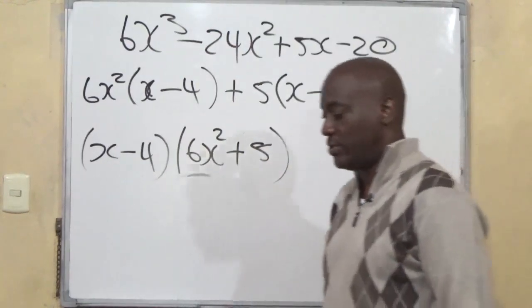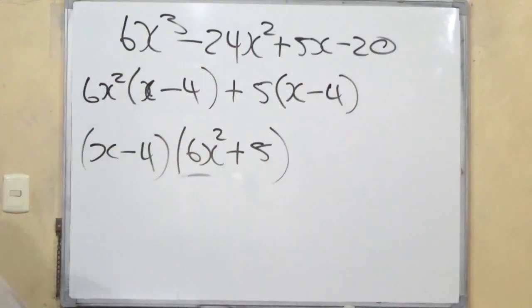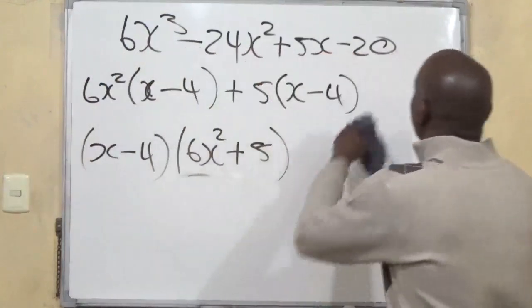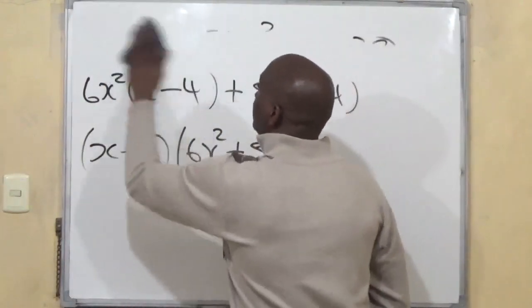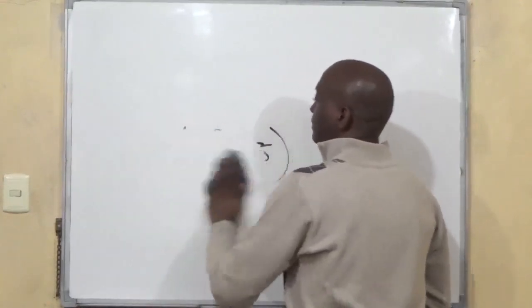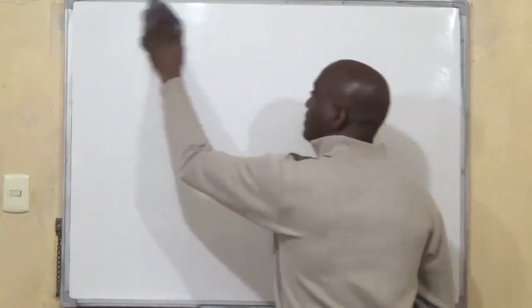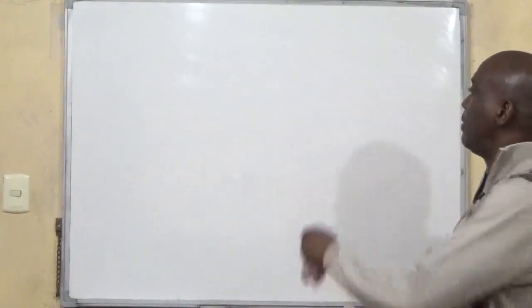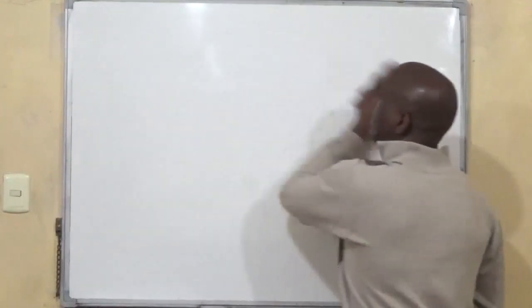All right, so we could go straight on to the next one now. And here's where we start our next level of the thing now. Because let me write the question on the board first.